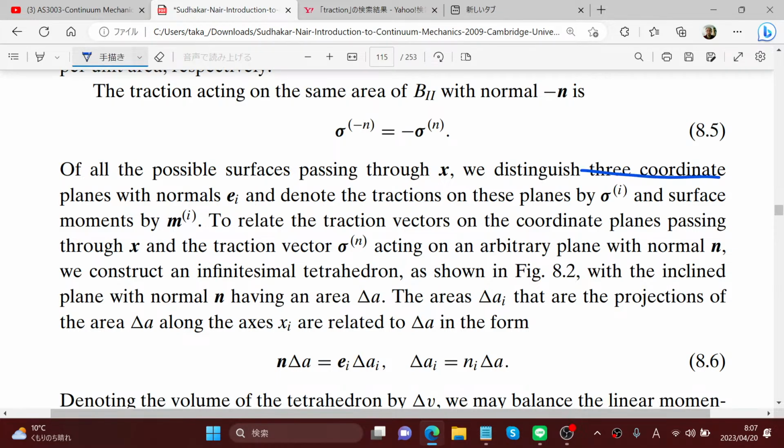Three coordinate planes with normals e_i. Okay, so i goes 1, 2, 3.